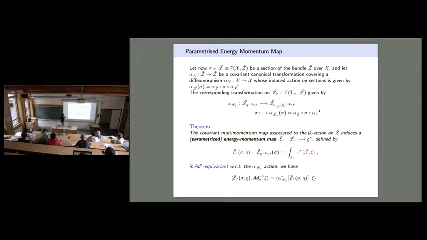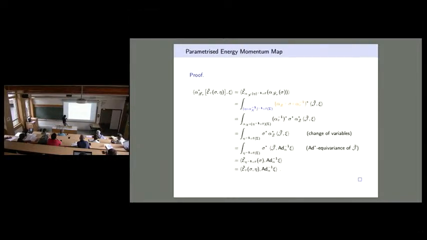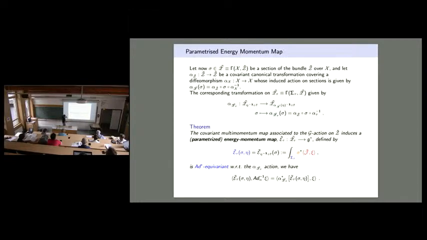This object is equivariant with respect to the coadjoint action of the diffeomorphism group. So it's what we need. It's not yet what we need, but at least at this level we can show this is a proof. And I just want you to notice a single detail. Getting equivariance from something which is not defined on a dynamical background is basically impossible.